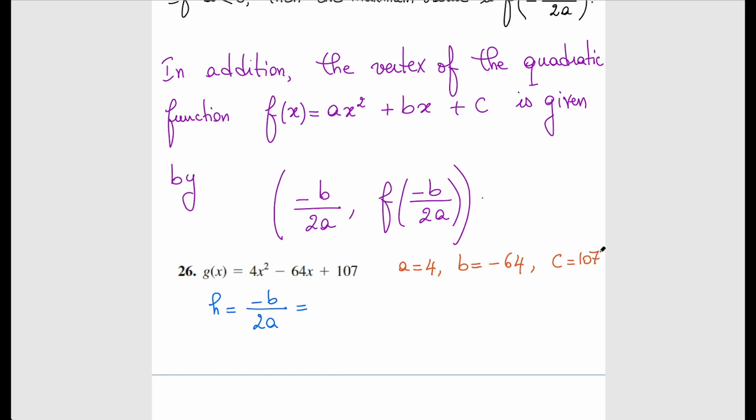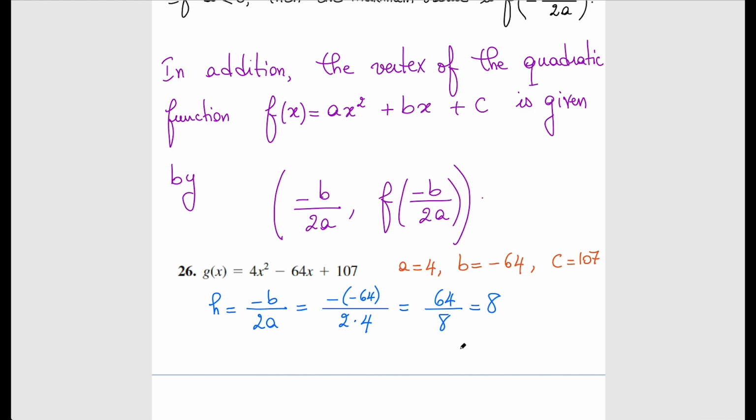It's the constant part, the c. Okay, so minus b becomes minus the minus 64 divided by 2 times a. And a is 4, right? So it becomes like this. So this is 64 divided by 8, which is simply 8, right? So h is simply 8.